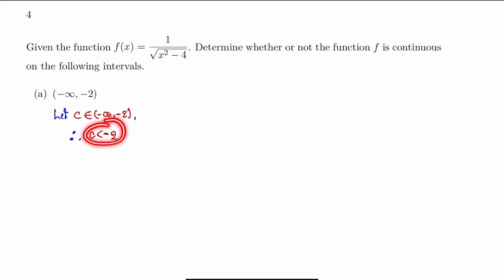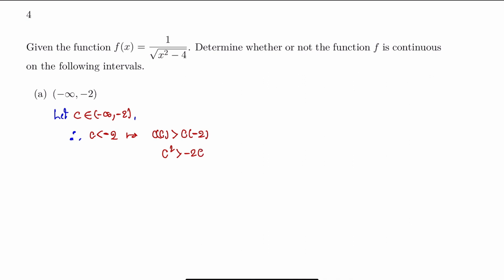When c is less than minus 2, we have c less than 0. If you multiply both sides by c, you're going to have c times c greater than c times minus 2, right? And then you're going to have c squared greater than minus 2c.